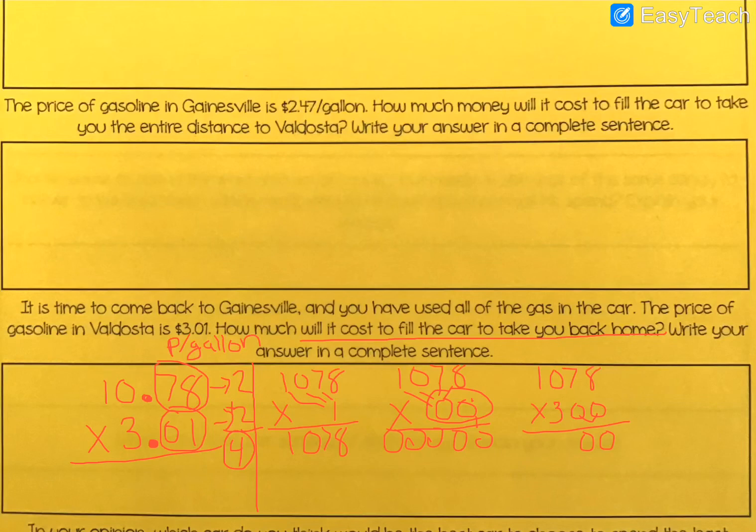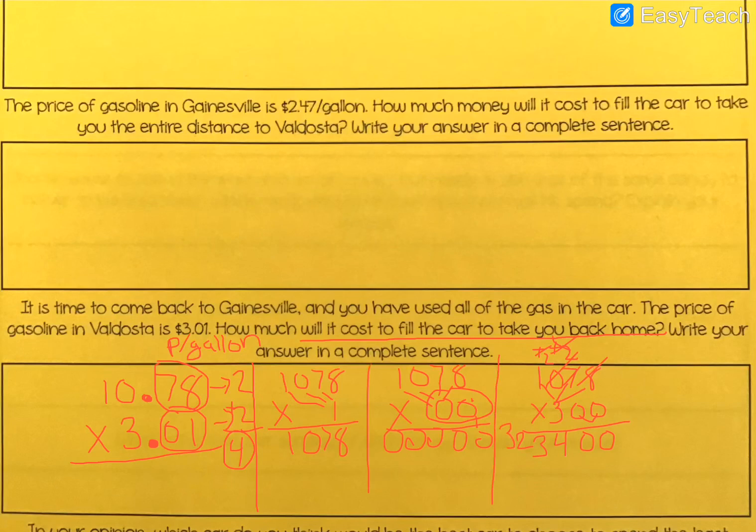Now let's multiply. 3 times 8, 24. Put your 4, regroup your 2. 3 times 7 is 21. Plus 2 gives you 23. Regroup your 2. We're done with the 7 and the 8. Now we'll do 3 times 0, which is 0. Plus the 2 that we regrouped gives us 2. We're done with the 0. And then we'll do 3 times 1, which is 3.